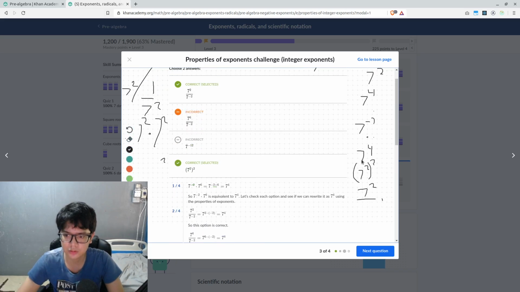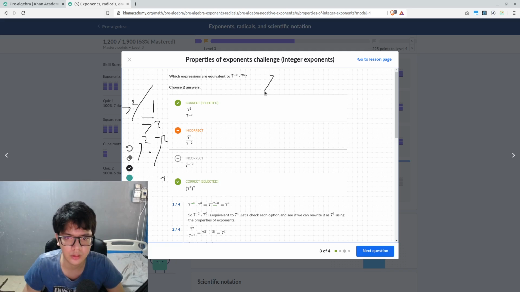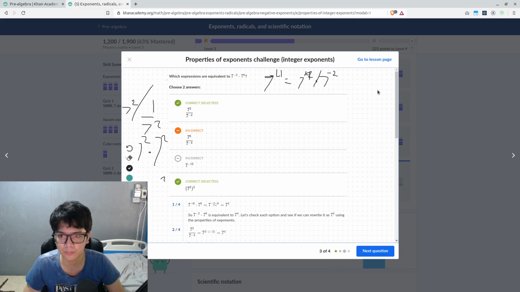Okay, so I guess if I have like 7, 4, and that's equivalent to 7 times 7, then put that on there. Just simply dividing by that 7 to 7.